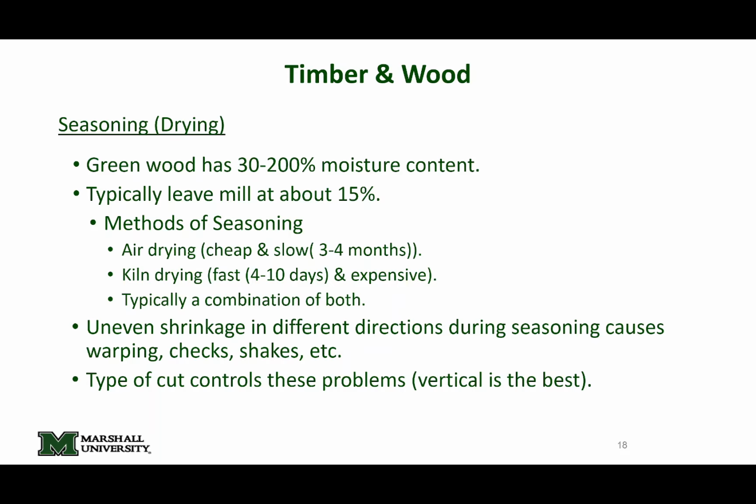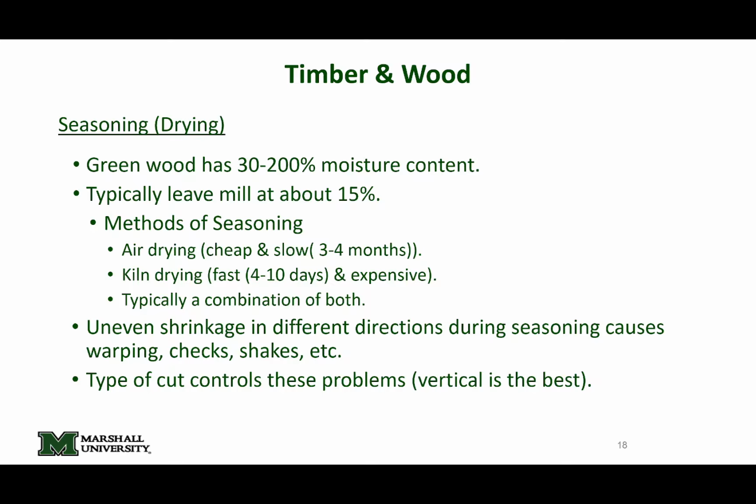We saw in the production process how we have to season wood. So if you hear me use the term seasoning of lumber, I'm talking about drying it. And seasoning, I guess the term that's used is because seasoning implies that there is a process to it, and there is.